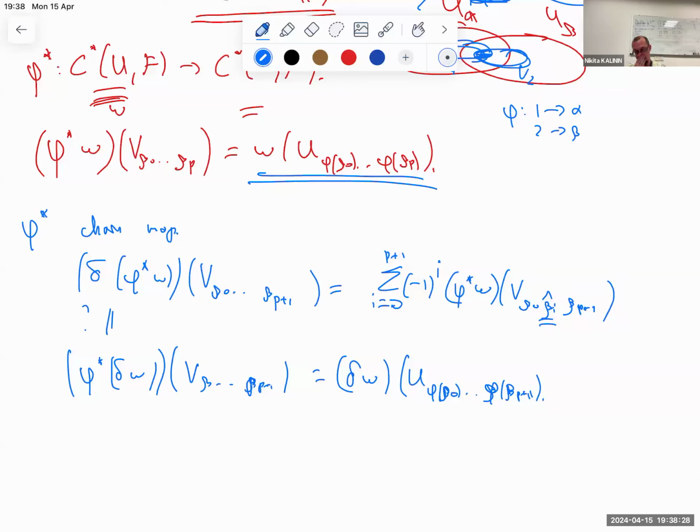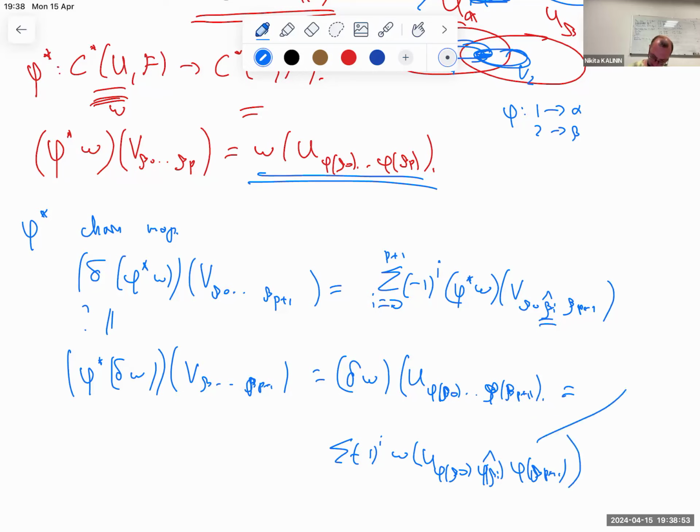Okay, but then you see, is it just the same in both things? Because here it's also the sum of -1 to the power i, omega U phi of beta 0, ..., phi of beta p plus 1, where phi of beta i is omitted.